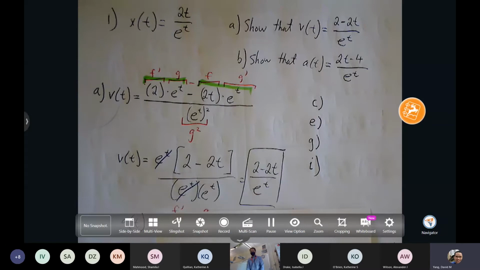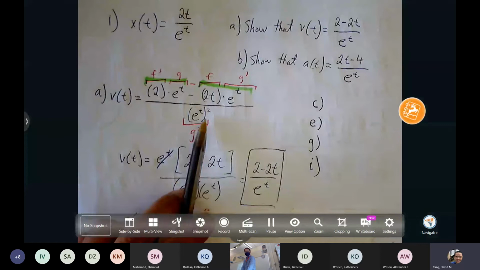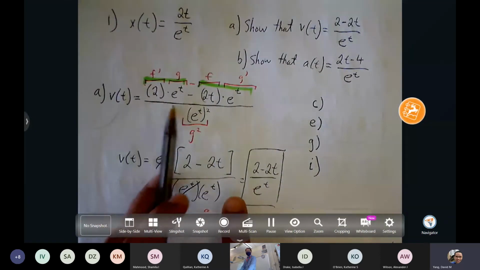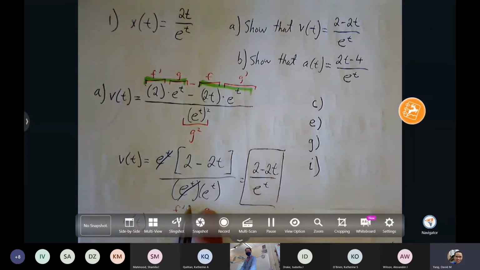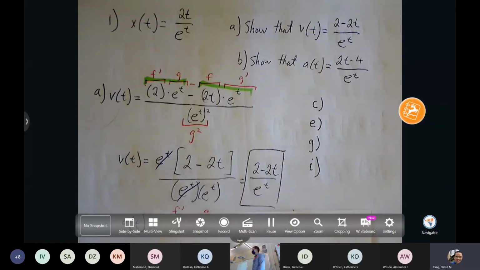So first up, velocity. F prime g minus f g prime all over g squared. If I combine like terms, I'm also able to factor an e to the t out. Now the denominator has e to the t squared, so technically that just means that we have two e to the t's. One of them can go away, and we're left with 2 minus 2t over e to the t.